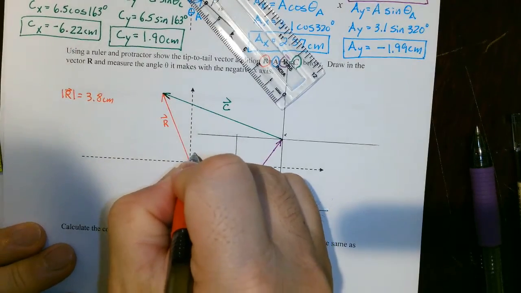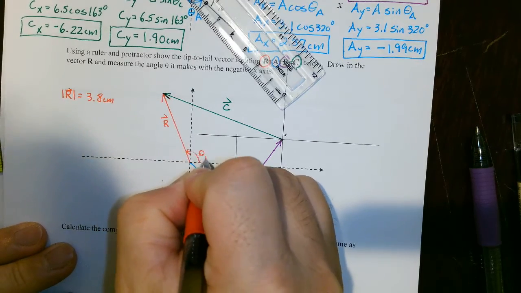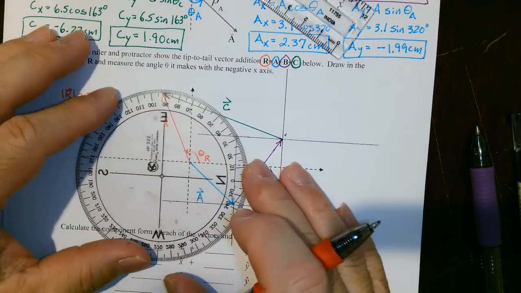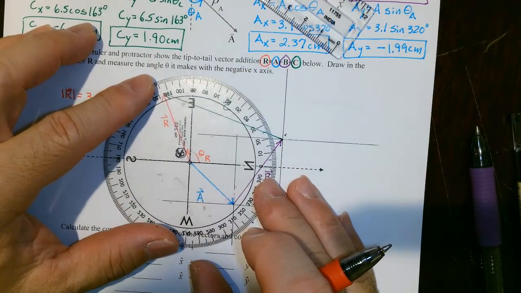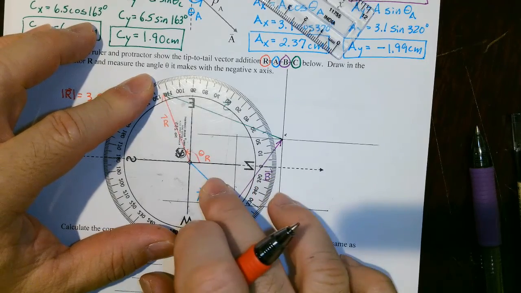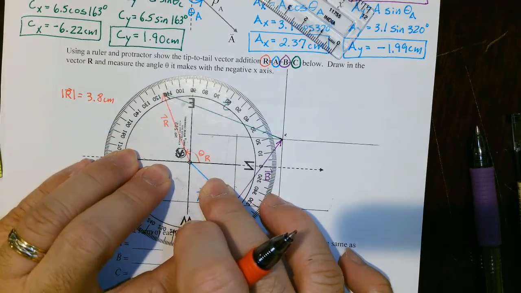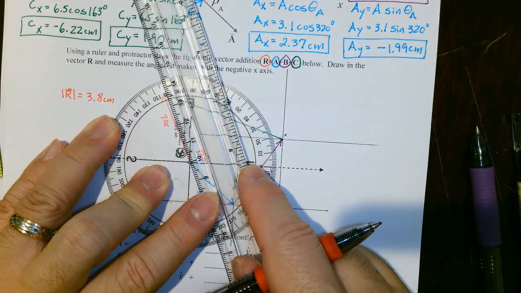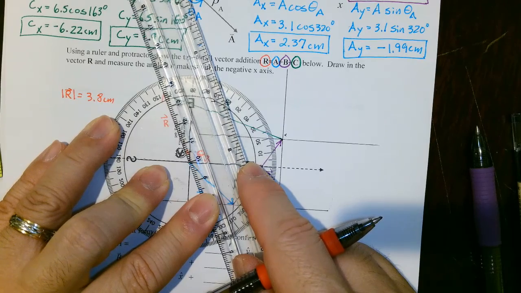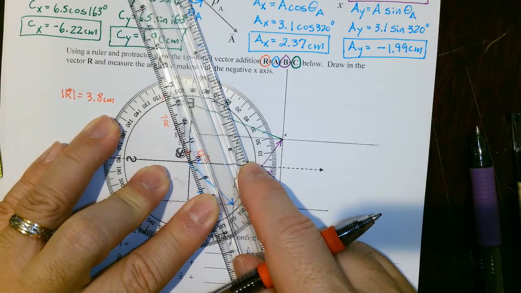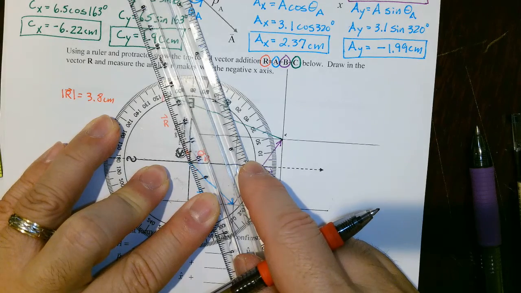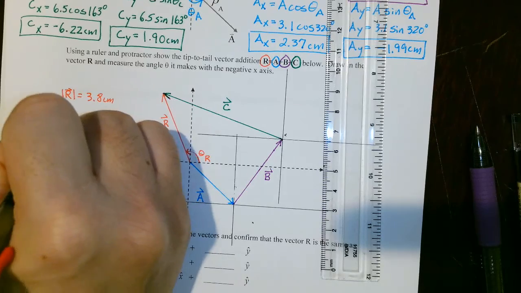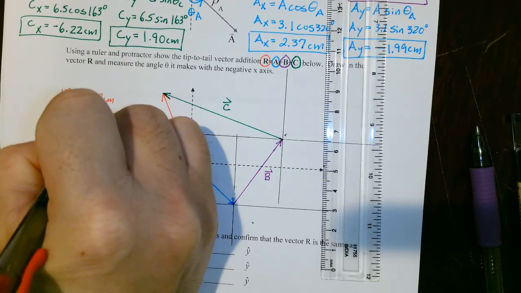And of course this angle here is my theta r, and we need to measure that. So to measure that, again, I place my protractor right at the origin, and it looks like 114 degrees. Yeah, 114. It looks exactly on 114. All right. So my theta r looks like 114 degrees.